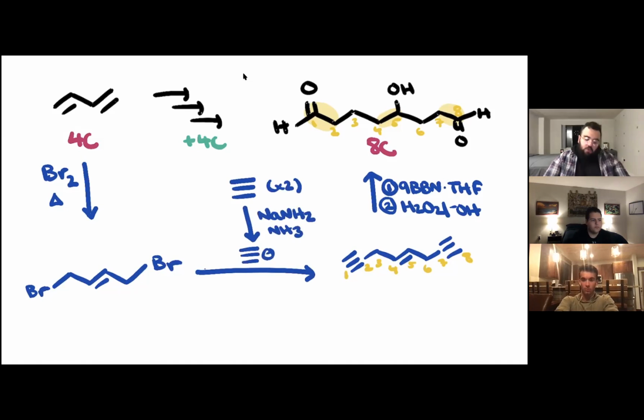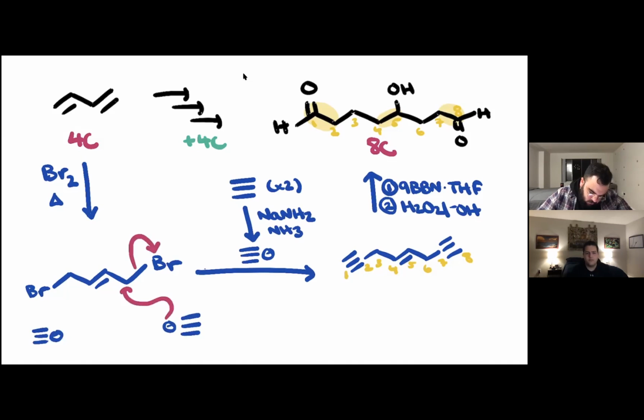Yes, you do need to show the synthesis of the acetylide ion, so make sure you guys do that. In doing so, your acetylide would replace at each of these positions, and doing so would get you this compound that you see here.